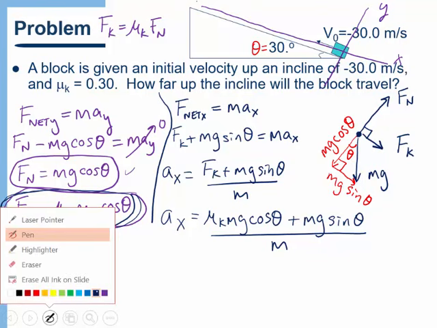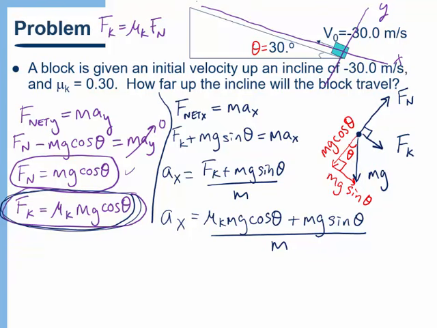You'll notice that I didn't give m in the problem, and that's not an issue for us because we can see that both of the terms in the numerator have an m in them, and so we can cancel that with the m in the denominator. Now I can go ahead and find my value for the acceleration. We've got mu k times g cosine theta plus g sine theta.